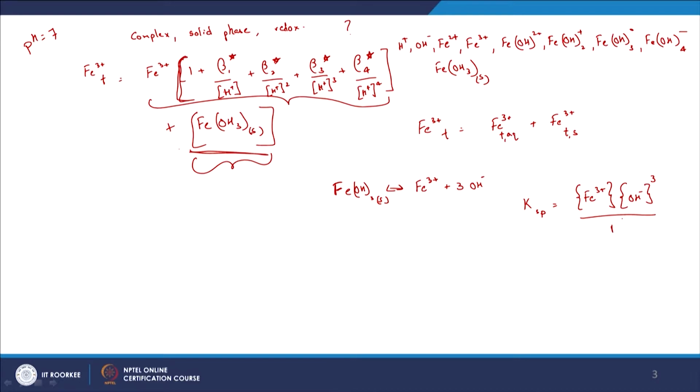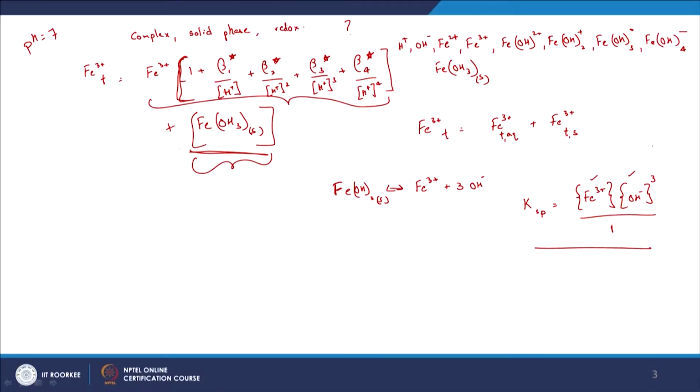From this background on precipitation and dissolution, we have the solubility constant, and with this we now have our second equation. We still have Fe3+, and we know the value of OH- because we are assuming the pH to be 7. So, the only unknown here is Fe3+ and Fe(OH)3 solid.